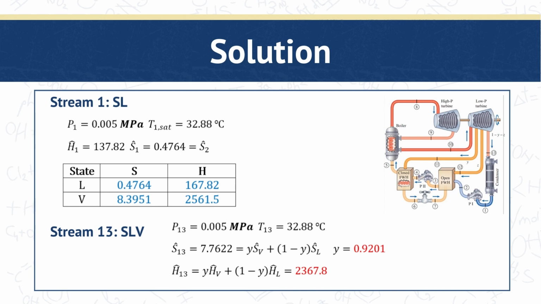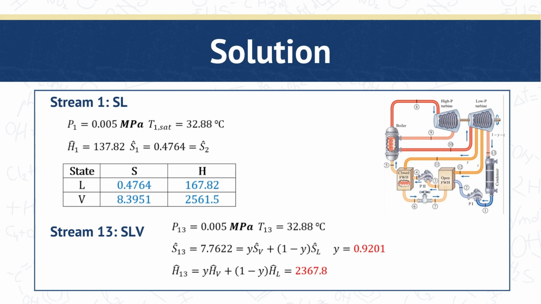So for that, we can use the tie value, which is entropy 13, which we got from stream 10, which is 7.7622. It is equal to the weighted sum of the entropies of the vapor and liquid phases, from which we can get the vapor quality of 0.9201.